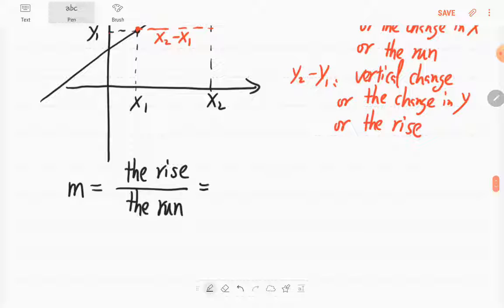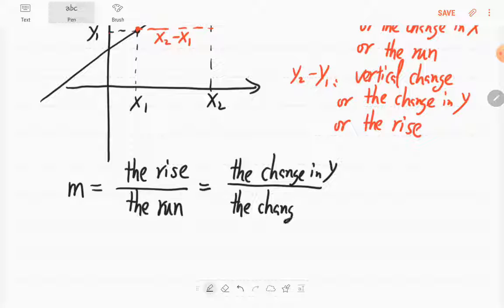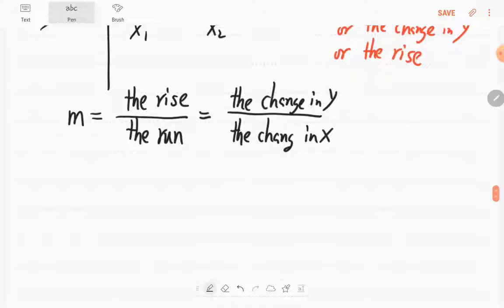In other words, it is the change in y divided by the change in x, or the vertical change divided by the horizontal change. So m is equal to y2 minus y1 over x2 minus x1.